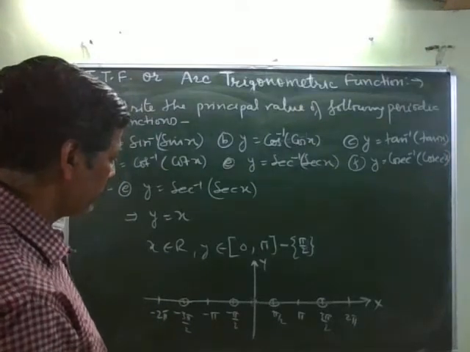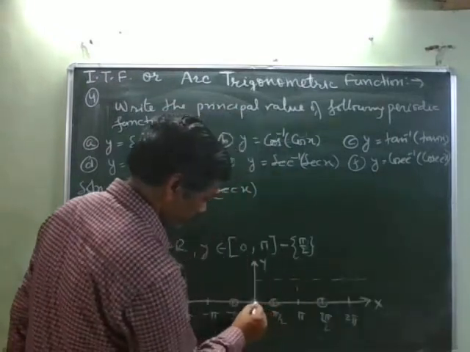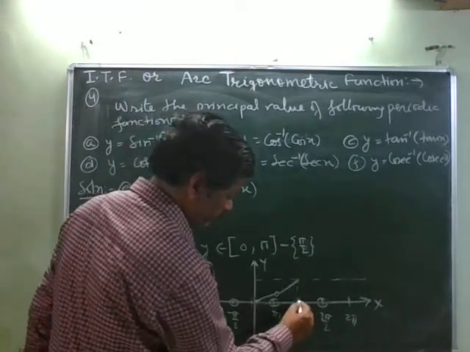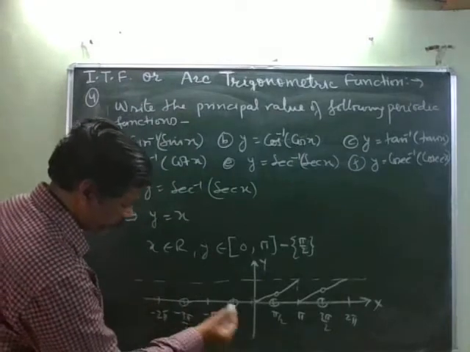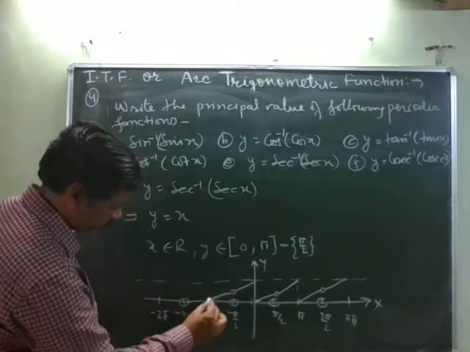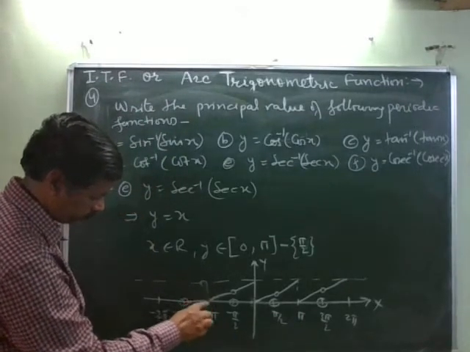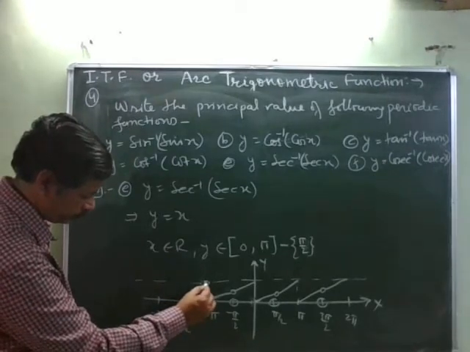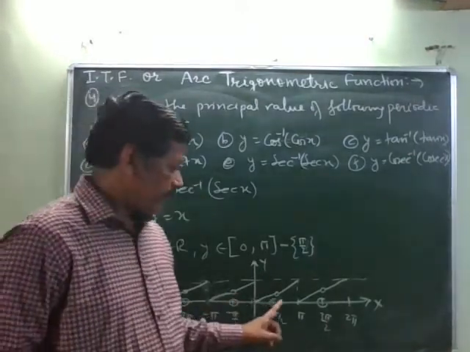If we plot the graph, then these are the points of discontinuity.